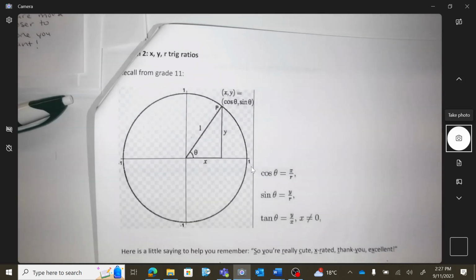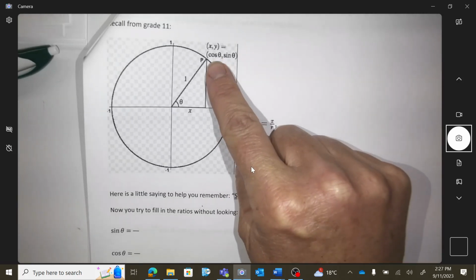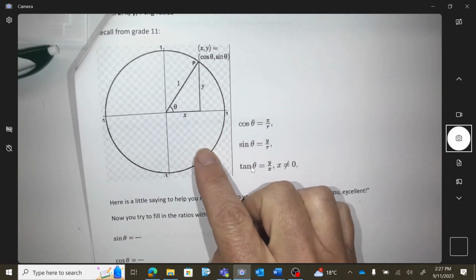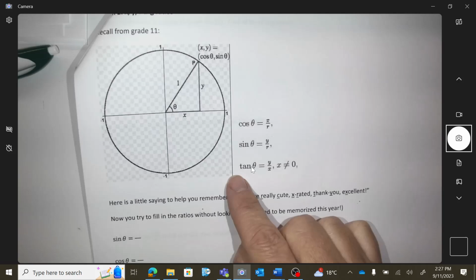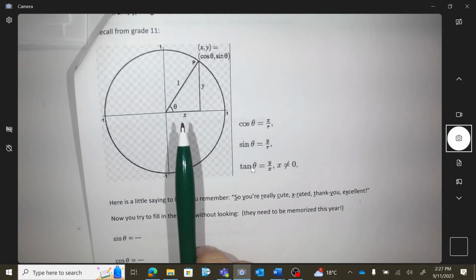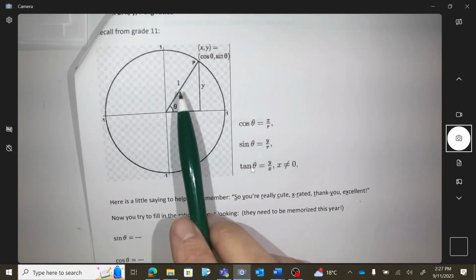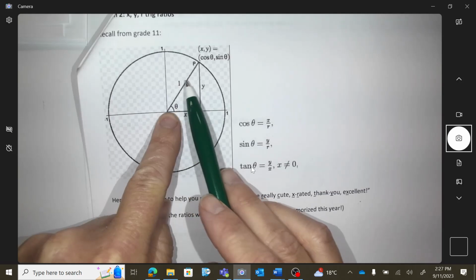Okay, grade 11, we learned about XYR ratios. So when you are at an angle anywhere on the circle, we drew right triangles. And once you have a right triangle drawn, that activates our SOHCAHTOA stuff. So when I talk about the ratio of, let's say, sine, it is considered the opposite over the hypotenuse.